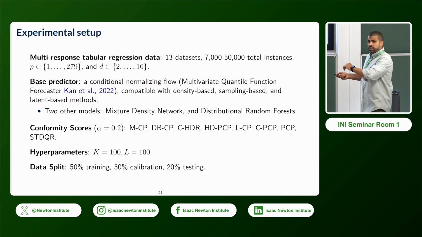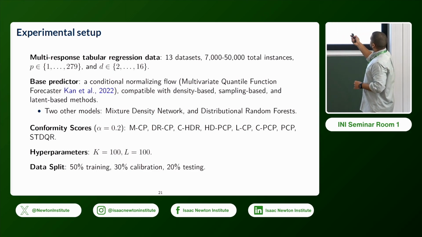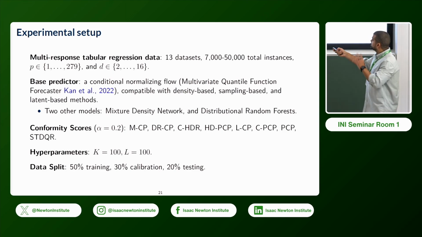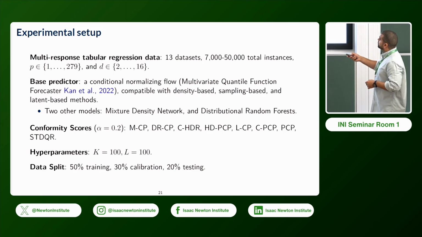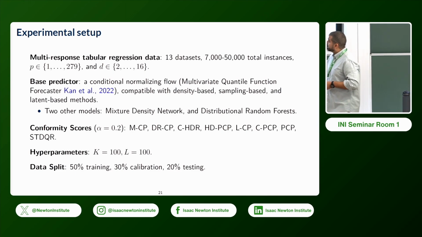All right, so quickly some experiments. We have 13 data sets, with thousands of observations. The input is between 1 and 279, and our output is between 2 and 16. The base predictor is a normalizing flow, which can be applied with density-based, sampling-based, and latent-based methods.